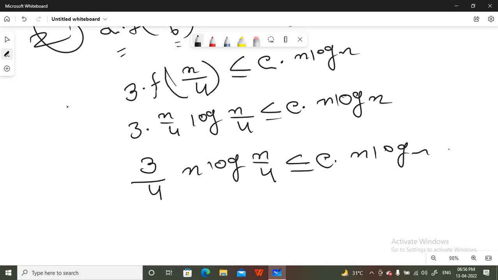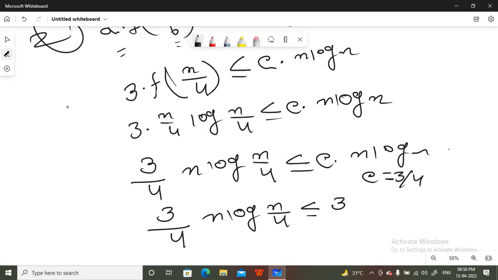For the sake of easiness I am taking c equals 3/4. So 3/4 n log n/4 is less than or equal to 3/4 n log n.